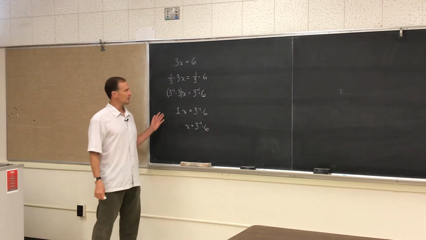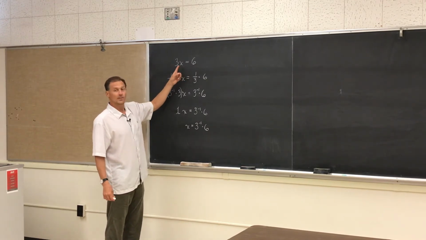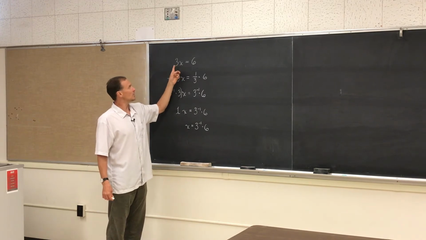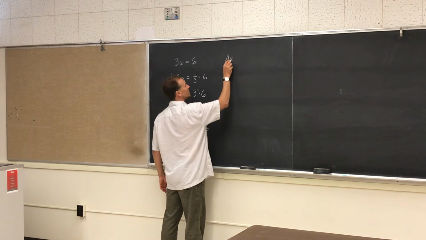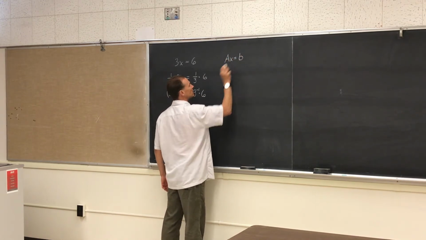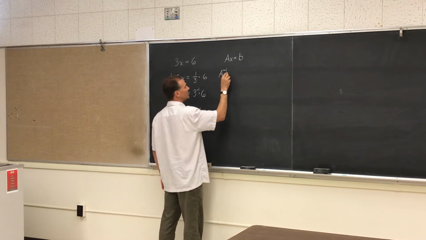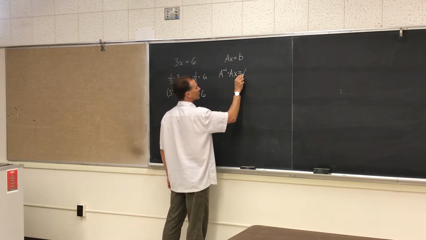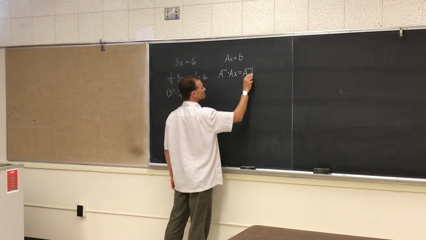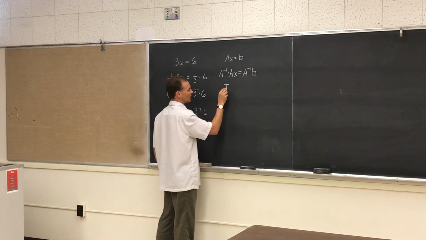So the question that we came up with here was, what if all of these were not just numbers in a simple variable? What if this is a matrix, a vector, and a vector? In other words, if I have the matrix equation Ax equals b, do I have an A inverse that I can multiply both sides by, such that the inverse of A would give me an identity?